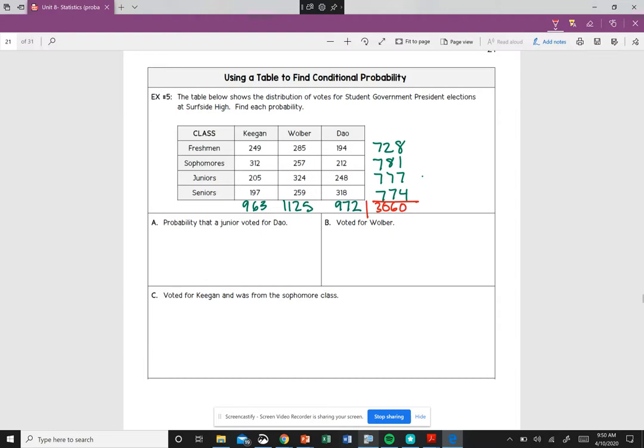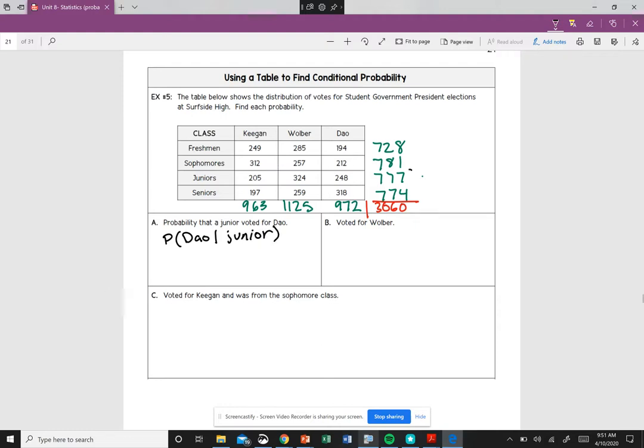Okay, so what's the probability that a junior voted for Dow? That means this is the probability of Dow given they're a junior. That's how I'm reading it.